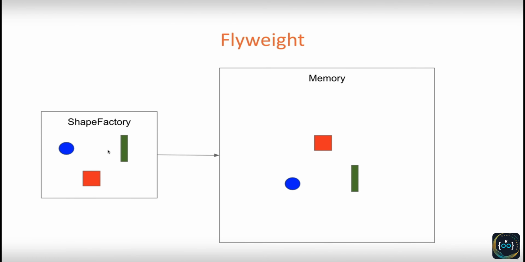Now, of course, this doesn't work for everything. So if we take the example of our war game, you could store the sprites that are required to display the elements. You could store them in a factory. However, you might want to have elements for every single quote unquote soldier or character on the screen. You have unique information related to that character.